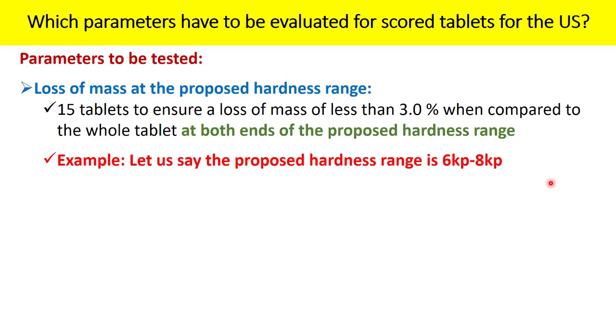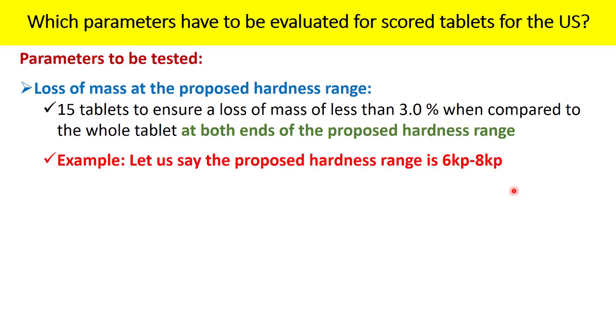So you are expected to conduct the loss of mass test on 15 tablets having a hardness around 6 kp. That is the lowest end of the hardness limit. And what is the highest end of the hardness limit? It is 8 kp, right? 8 kp, that's the highest one. So you need to manufacture tablets with 8 kp and then conduct the loss of mass testing on 15 tablets. I mean, you need to break the 15 tablets, and during the splitting of these 15 tablets, some portion of the tablet unit may get lost.